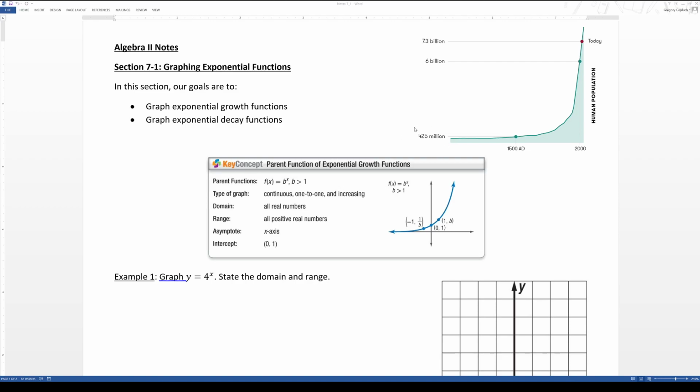We've more than doubled that total population just in the last 15 or 20 years. And you can think about what it would mean if this general exponential growth continued on, if the population kept increasing at an increasing rate. It's an interesting thing to think about, what might happen.